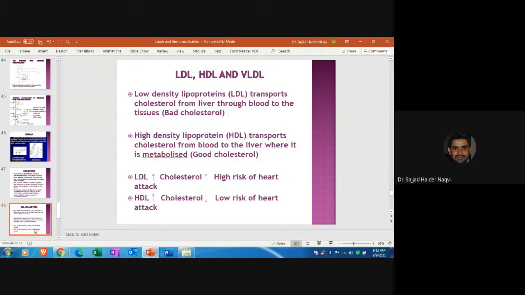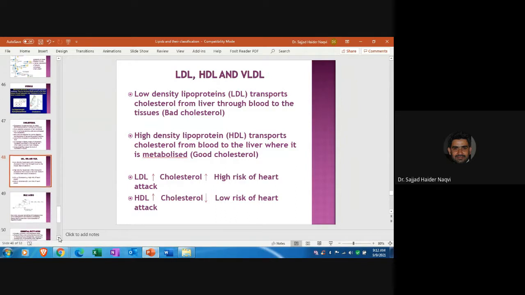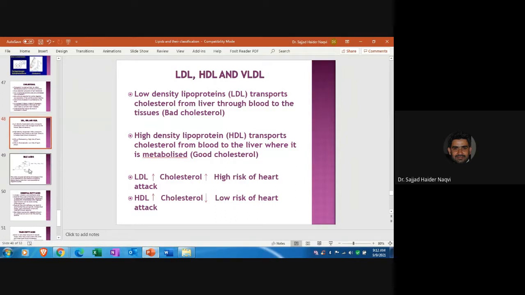You can see here, this clearly indicates that when you have an increased level of LDL, that means you have an increased level of cholesterol. And when you have an increased level of cholesterol, you've got a high risk of heart attack. And reciprocally, when you have a high level of HDL, you have a low level of cholesterol and a low risk of heart diseases. So this is why I call this a clinical parameter to understand.